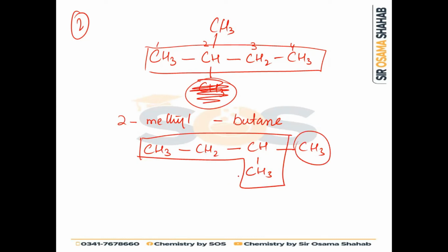You can start numbering from here because the branch is near this carbon. So it is again 2-methylbutane. Only the look changes, but the structure remains the same. So that means both are the same structures. So this is the second isomer for pentane, right?